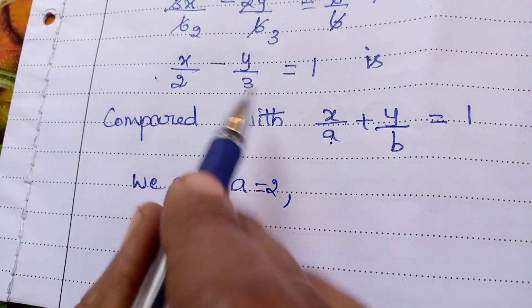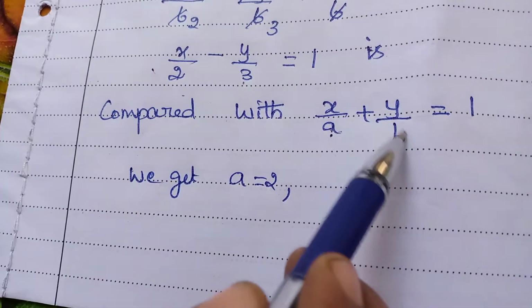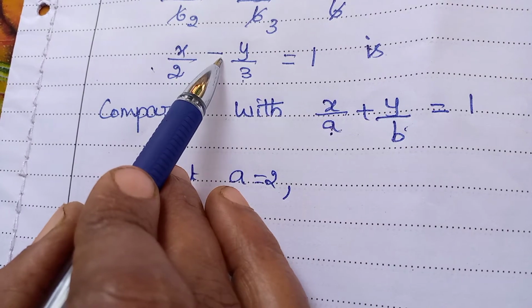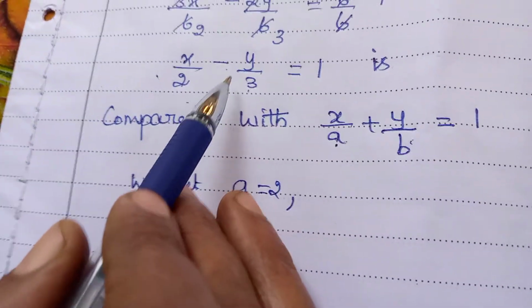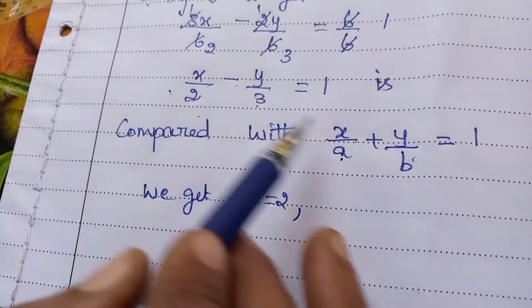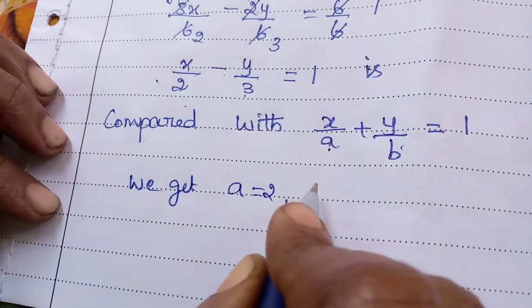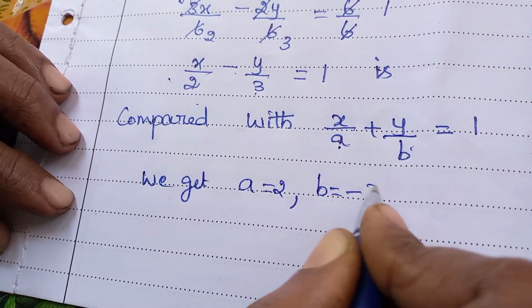But x by a plus y by b is equal to 1 is the formula. Here we have x by 2 minus y by 3. In place of plus we have minus, so the second term is negative. So what is the b value? The b value is minus 3.